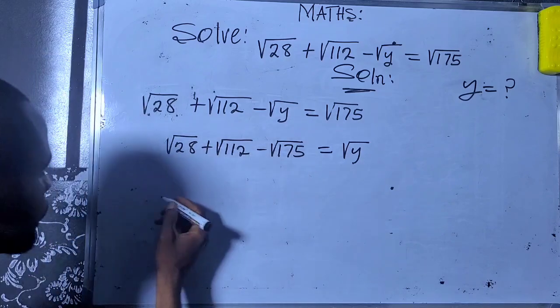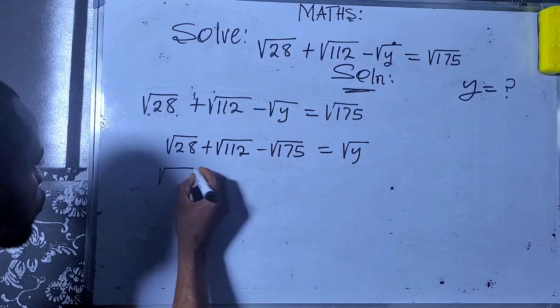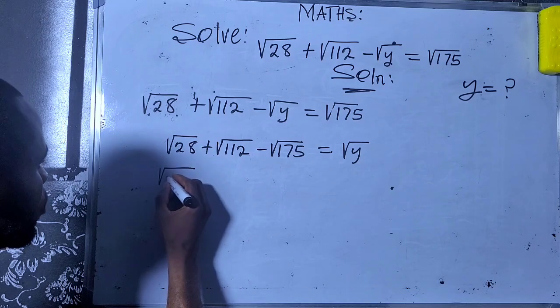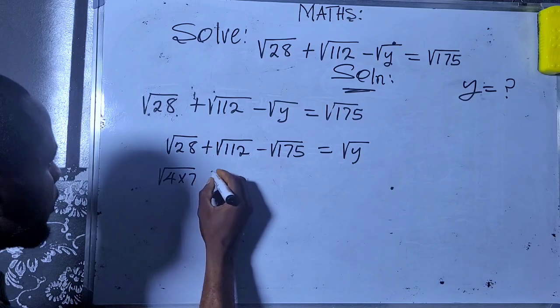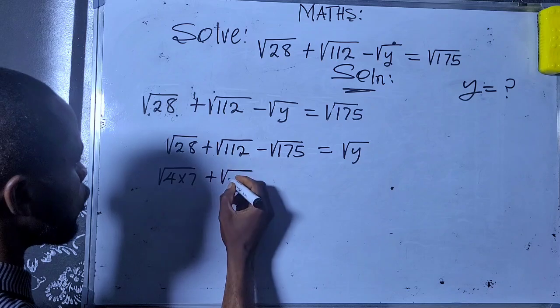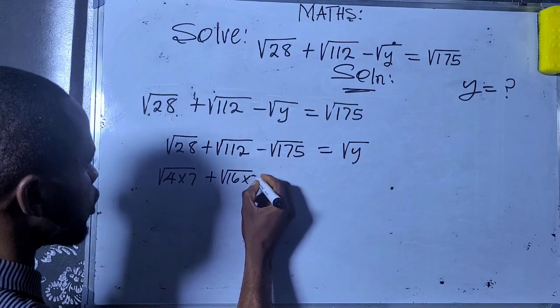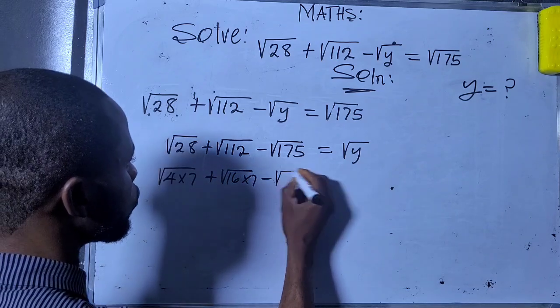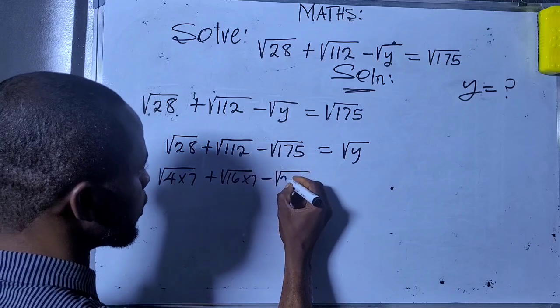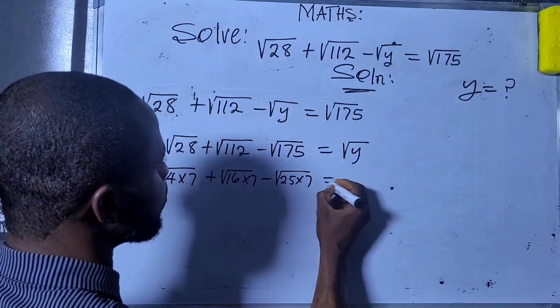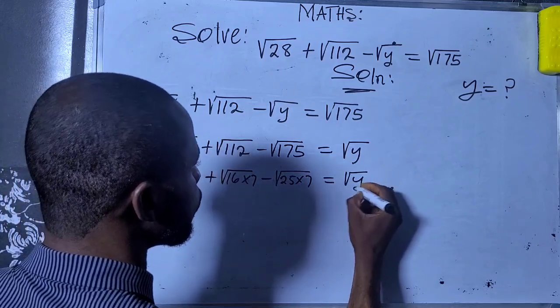Now, we have square root of 28 can also be written as square root of 4 multiplied by 7, plus square root of 112 can also be expressed as square root of 16 multiplied by 7, minus square root of 175 can also be expressed as square root of 25 multiplied by 7. The whole of this equals square root of y.